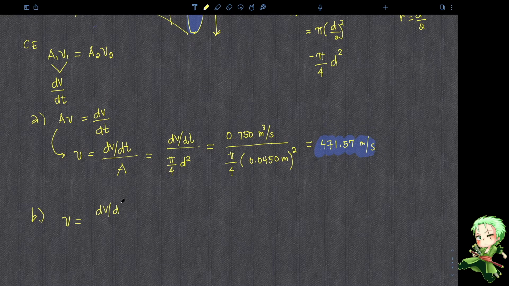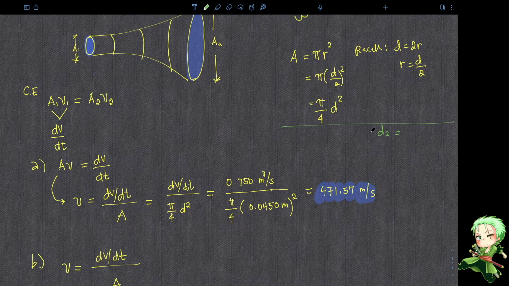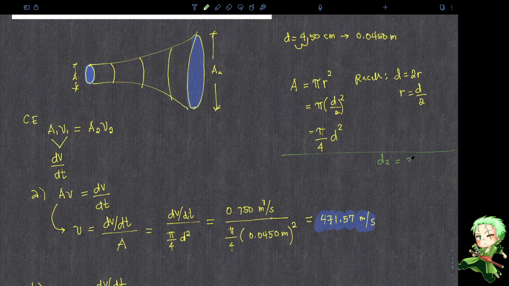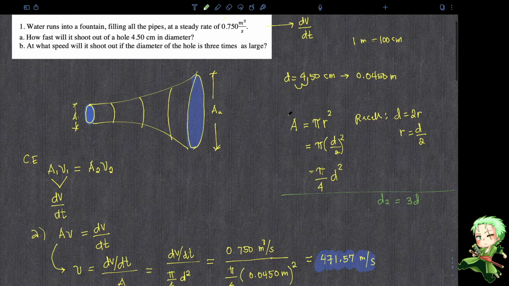So dV over dt divided by the cross-sectional area A. Now, remember that the cross-sectional area A in this case is given by this form below. So take note that in this case, our diameter 2, meaning our diameter in problem B, is actually 3 times the initial diameter, meaning 3 times 4.50 cm.